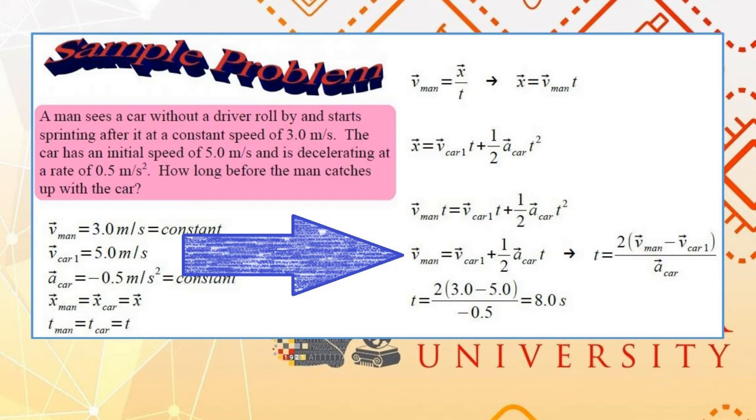The only unknown is t, so isolating t, we are able to calculate the time of travel, 8.000 seconds. It takes the man 8 seconds to catch up with the car.